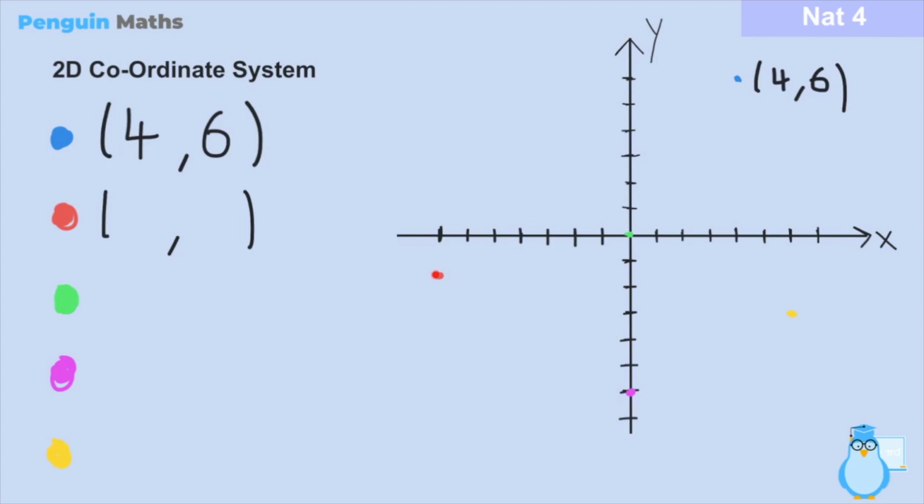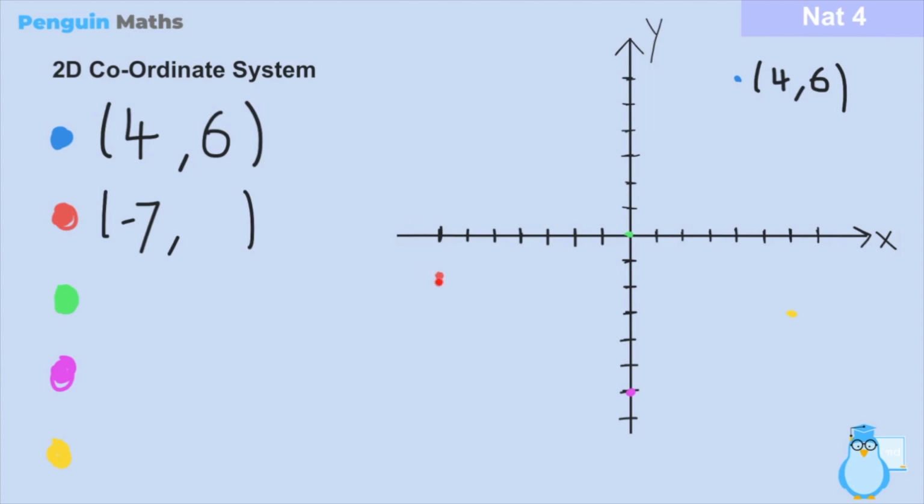So next we're going to do the red point, and then again beginning with the x coordinate first, we can see that this time it's to the left hand side, so that means that the x is going to be negative. So how much negative? Well, let's see, 1, 2, 3, 4, 5, 6, 7 to the left, so that means that the x is going to be minus 7.